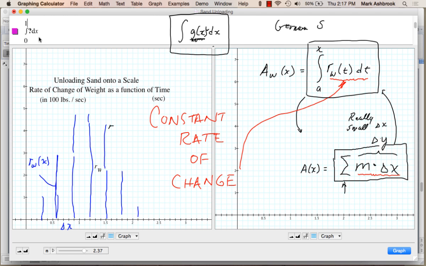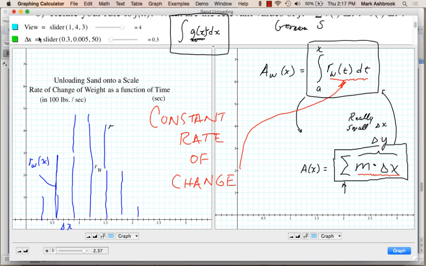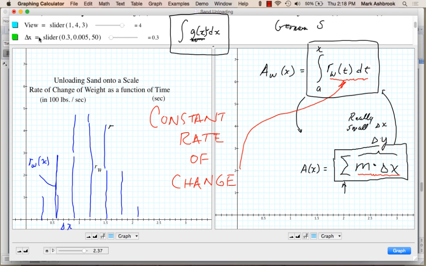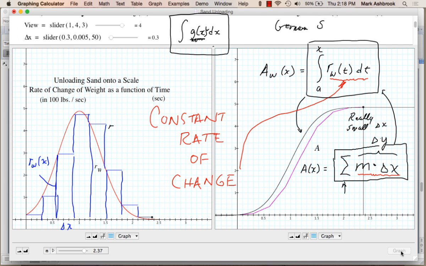But notice that you wouldn't need to, because why wouldn't you need to? Suppose I didn't tell you that, and we still wanted to graph this representation of the exact accumulation. Do you really need the integral? Why not?